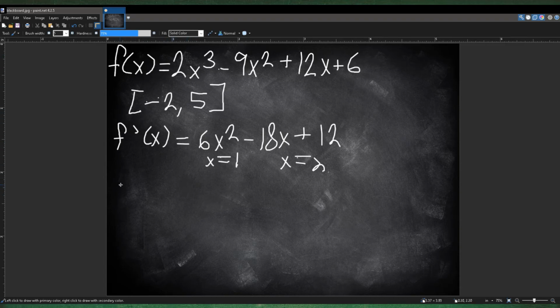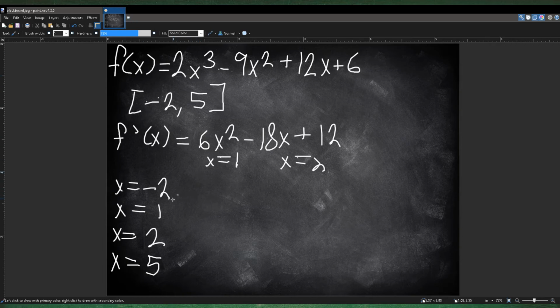So you have to put in x is equal to -2, x is equal to 1, x is equal to 2, and x is equal to 5. So you have these 4 points. Always remember to put the boundary points. They also count as local max or mins. So let's plug into these points to find out which one is the global maximum and global minimum.